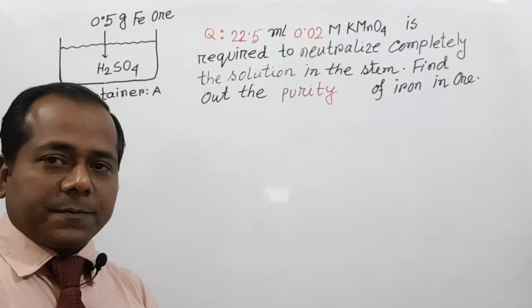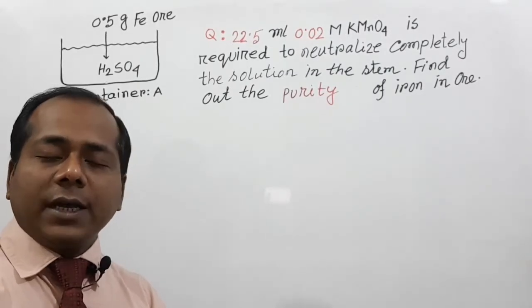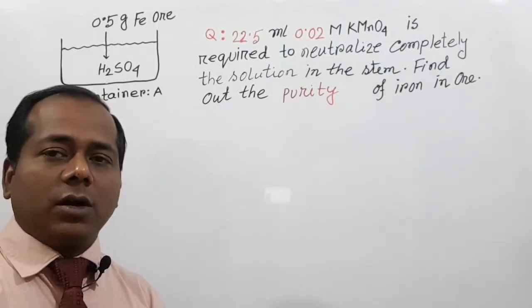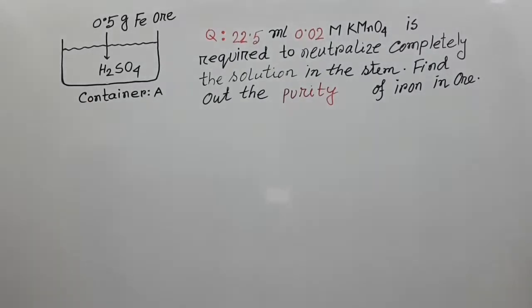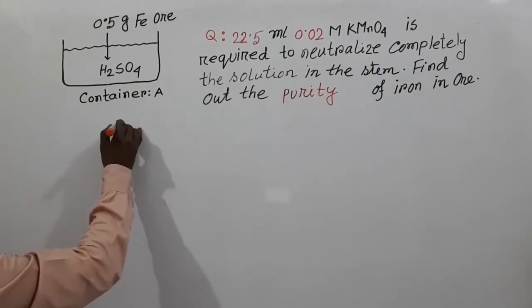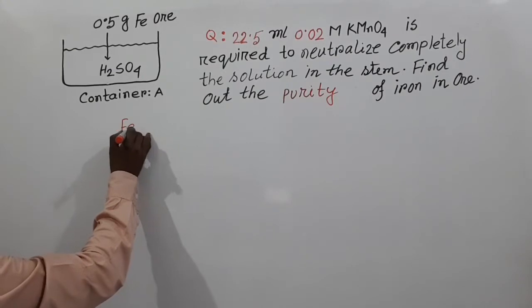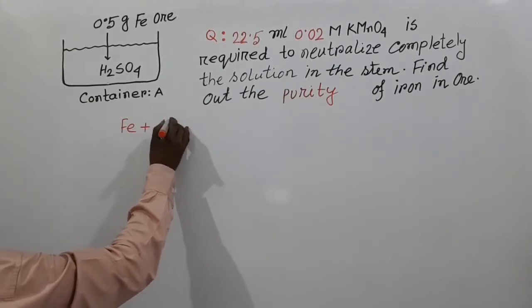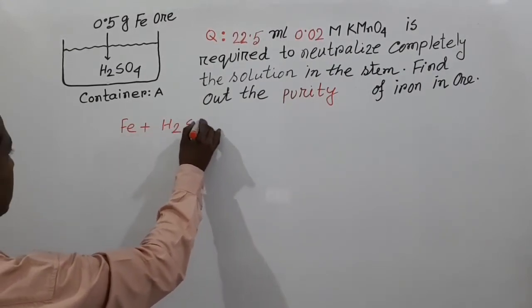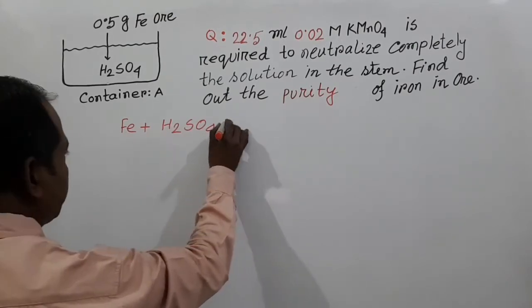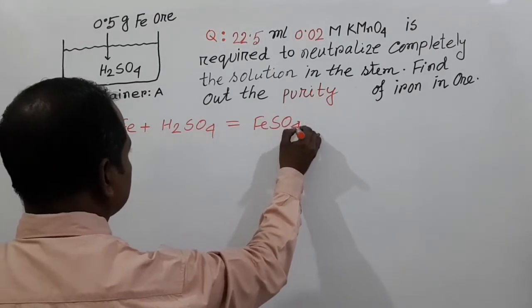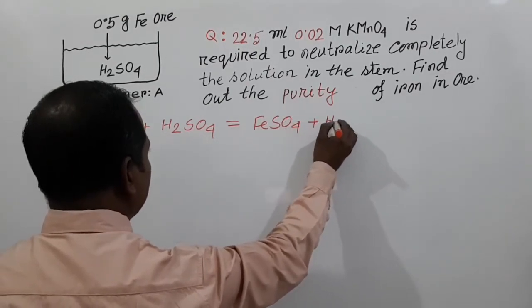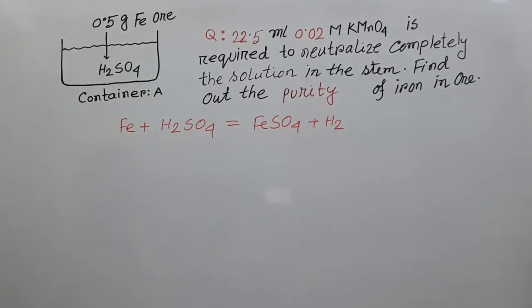My dear students, when 0.5 gram iron ore is dissolved in sulfuric acid, ferrous sulfate and hydrogen gas are produced. That means iron plus sulfuric acid produces ferrous sulfate and hydrogen gas.